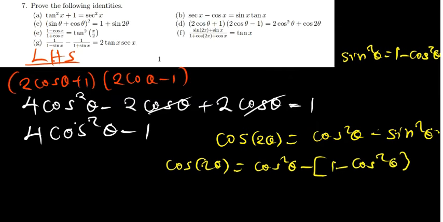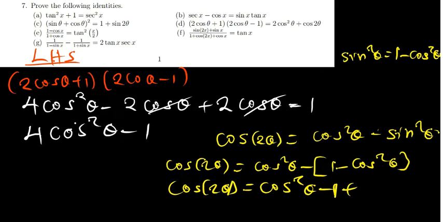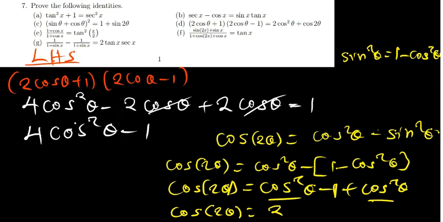I can open the brackets and I can say cos 2 theta is going to be cos squared theta minus 1 plus cos squared theta. This can give me 2. So I'm going to have cos 2 theta is going to be 2 cos squared theta minus 1.